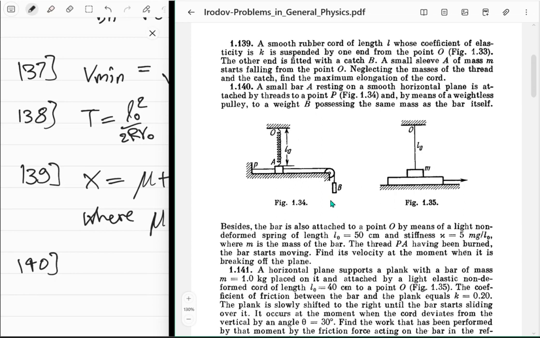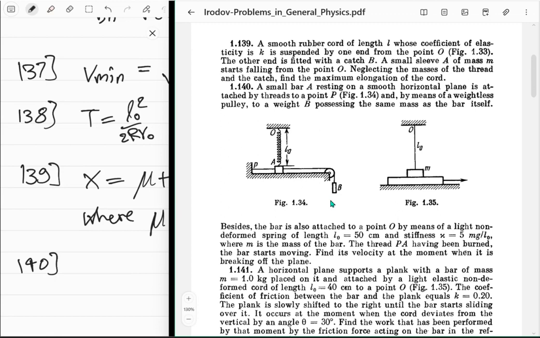Bar itself. But why should it break? It is not deformed, right? Thread means of a weightless pulley to point B, the same mass as the bar itself.